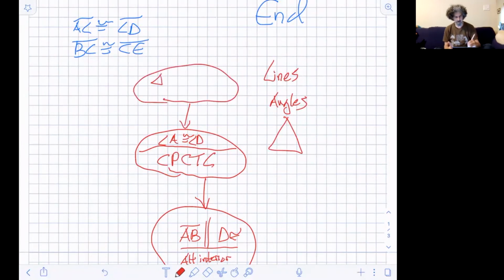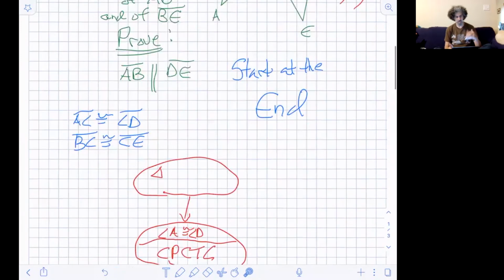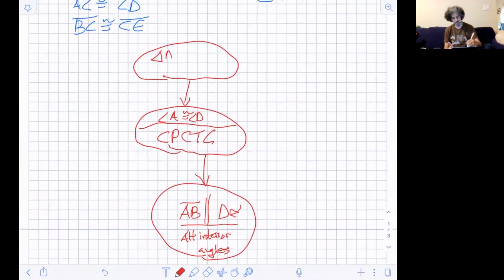Show that triangle ABC is congruent to this other triangle, and the order we have to do it in is we have to show from A to B, we want to go from D to E, and then over to C. So DEC and ABC are the two triangles that we're trying to prove congruent.